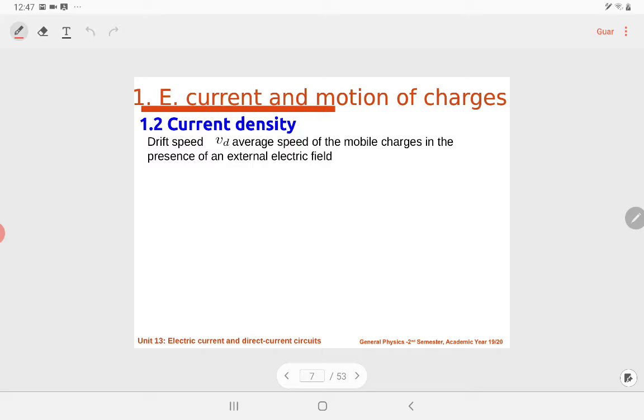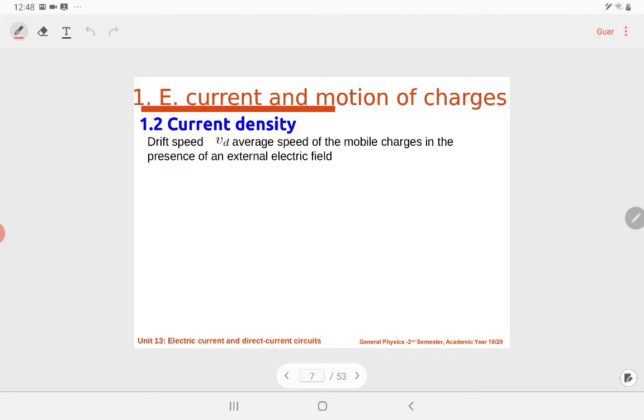Whenever we think of a piece of wire where we have a potential drop, we have installed an electric field. This electric field is going to provide a force that is going to move each charge. This force is going to be big, because remember that the mass of the mobile charges usually is very low, because normally the mobile charges are the electrons, and these have very little mass.